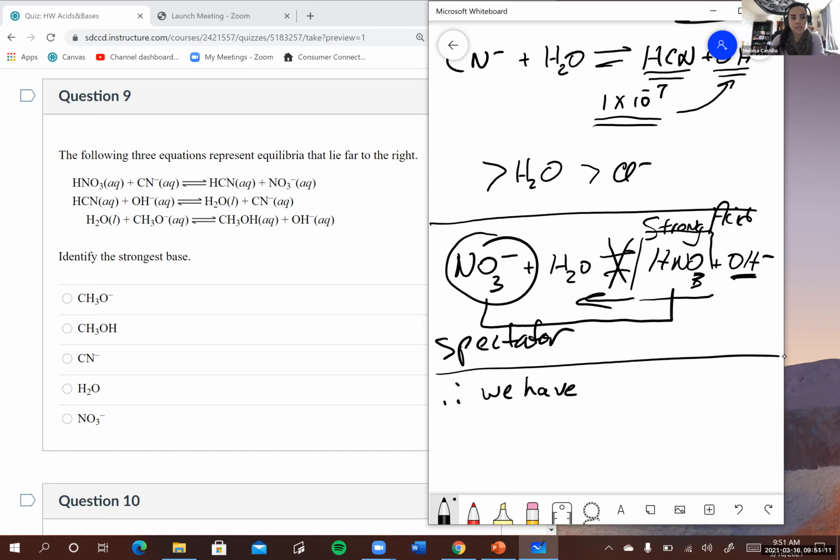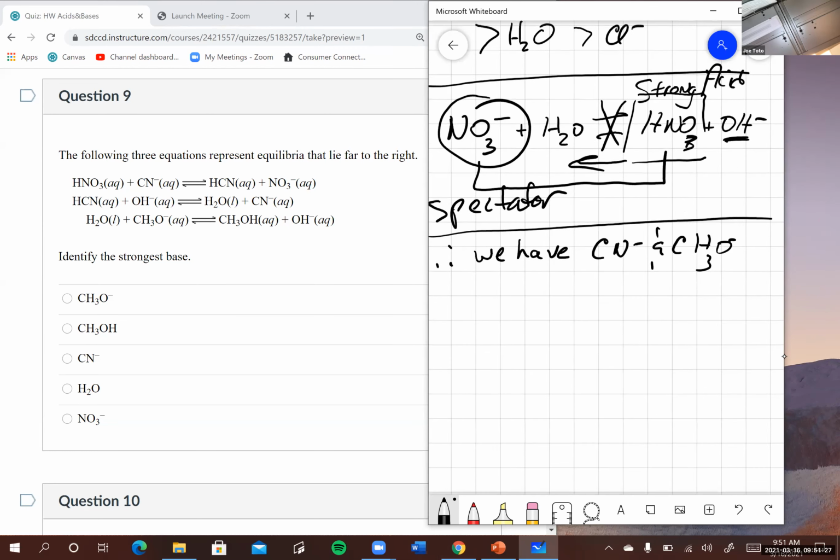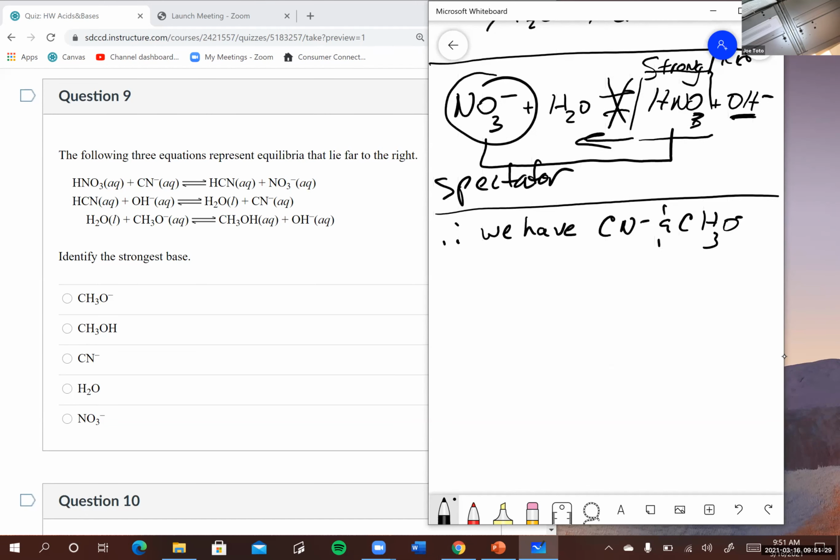Would it be CN minus and CH3O minus? Yeah, right? Correct again. So what in those equilibriums above can give us some clues as to the relative strength of those two?